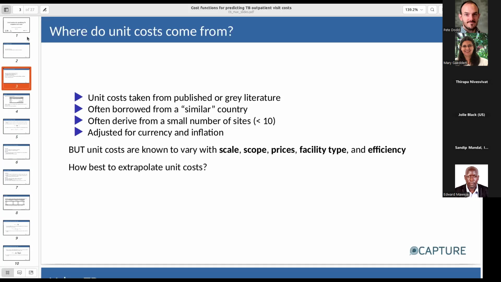And then you take a unit cost, it'll be adjusted for currency and inflation to the current year and currency. But that's pretty much it as far as adjustments go.